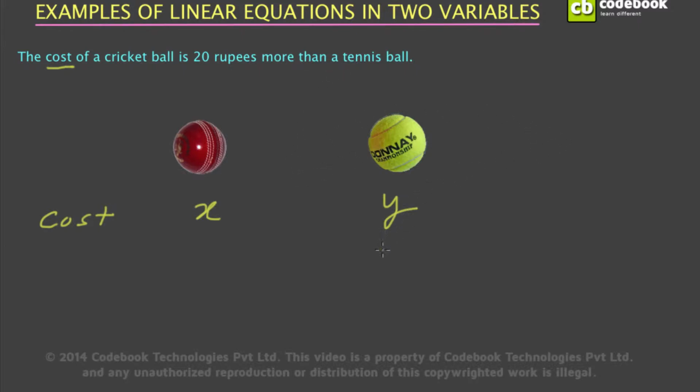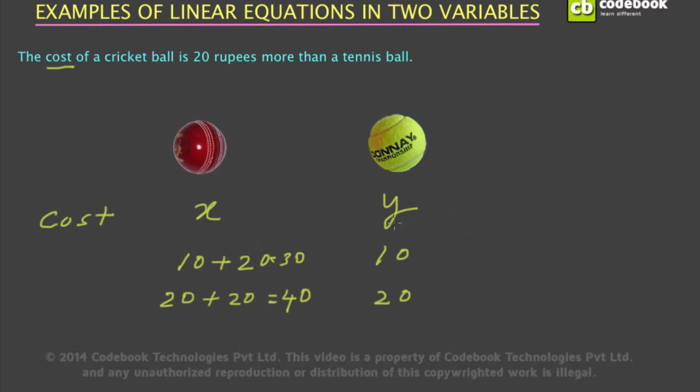So for example, if the cost of the tennis ball was 10 rupees, based on the relationship that we have been given, the cricket ball should cost 10 plus 20, which is 30 rupees. Similarly, if the cost of the tennis ball was 20, your cost of the cricket ball would be 20 plus 20, which is equal to 40.